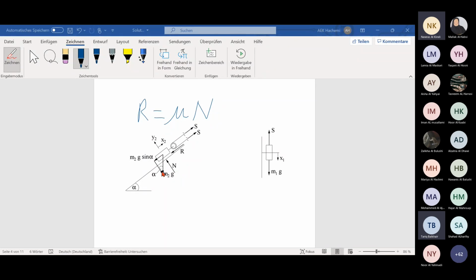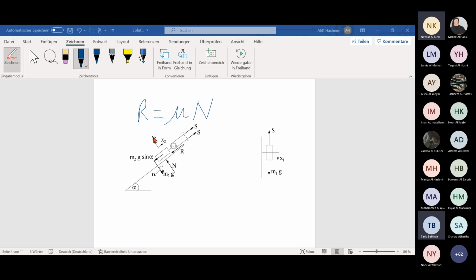If we apply Newton's law, in this case we have the mass 2 multiplied by the acceleration in this direction. But as I said, there is no motion along the y direction.